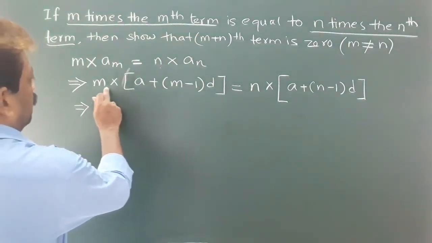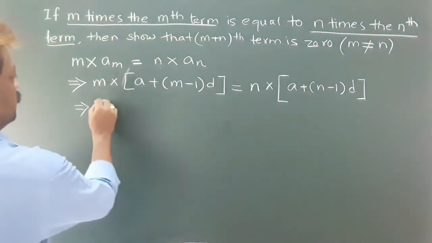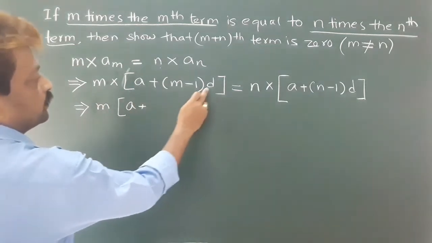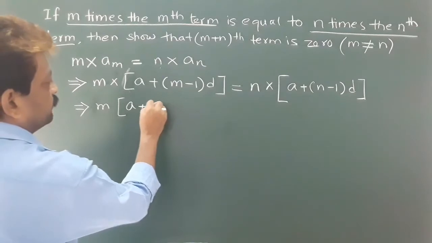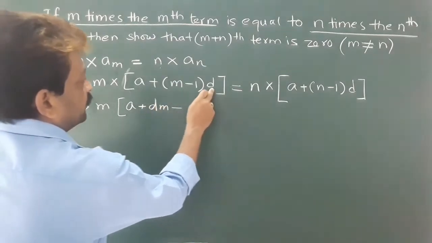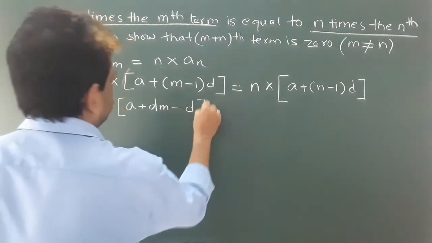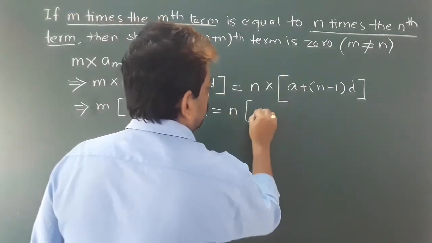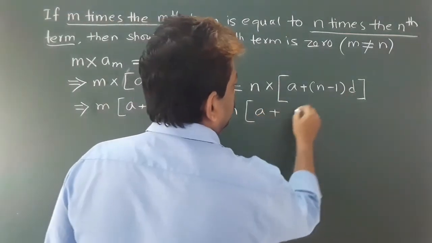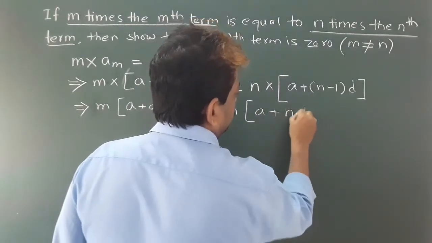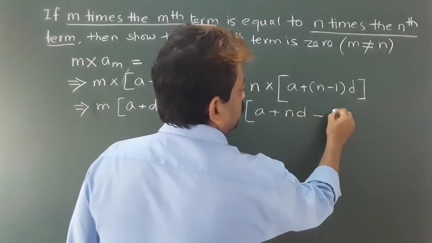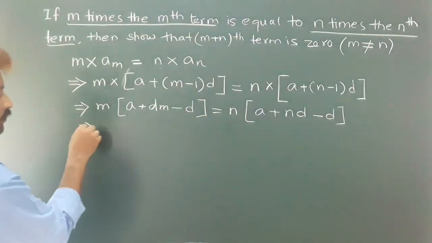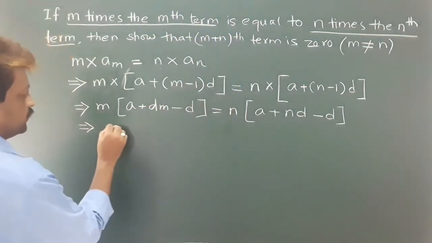Now let me simplify this first. m multiplied with a plus d(m minus 1), so it becomes dm, minus d, is equal to, here also n multiplied with a plus (n minus 1)d, so it becomes nd, and minus 1 into d is minus d. Now let me open the bracket by multiplying it first.